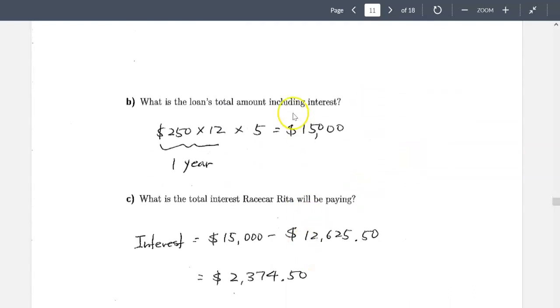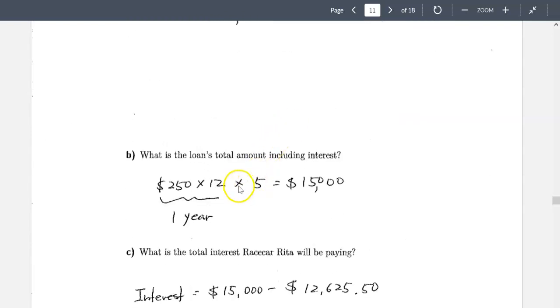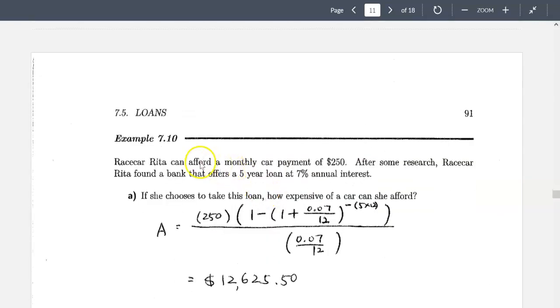Now, what is the loan total amount, including the interest? We've done this before. How much are we paying? You pay $250 a month, for 12 months, for 5 years. She's paying monthly, so 12 months a year, $250 each time, for 5 years.